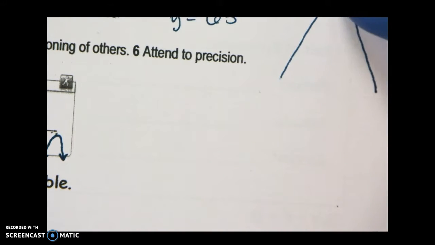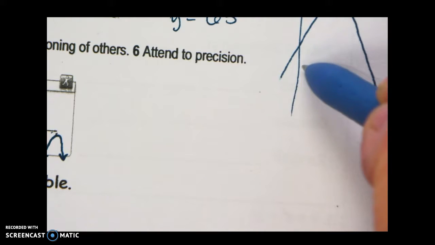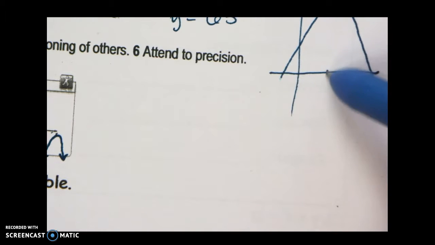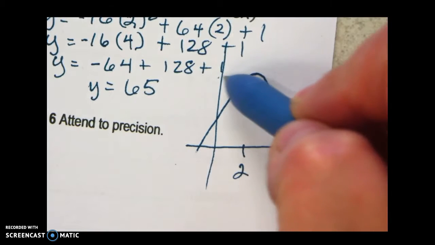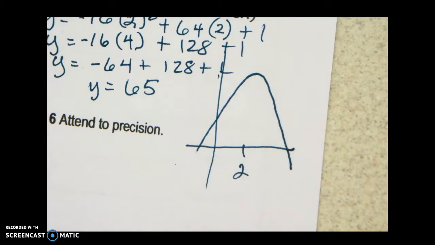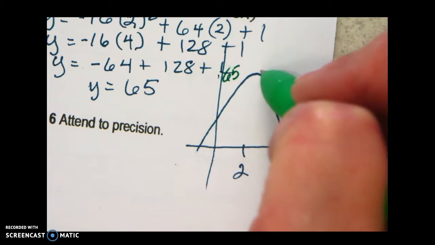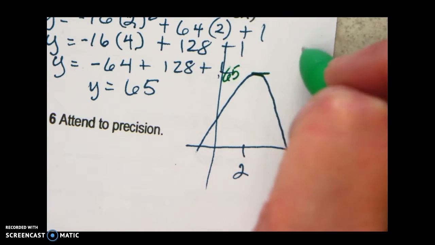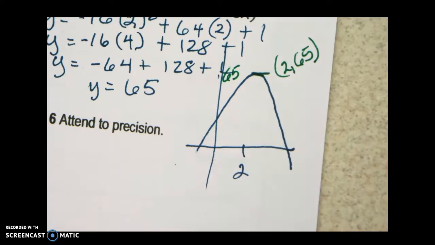So the vertex on this one was at x equals 2 and y equals 65.